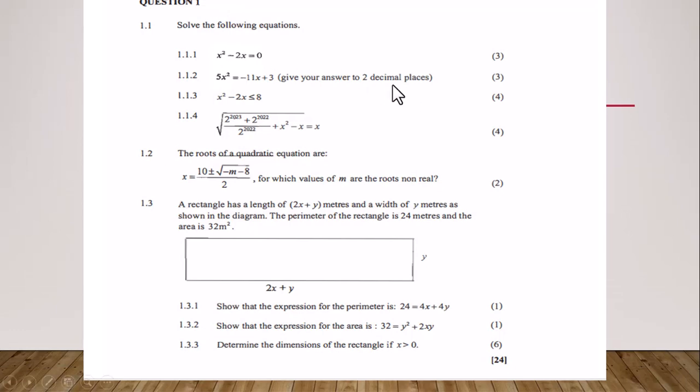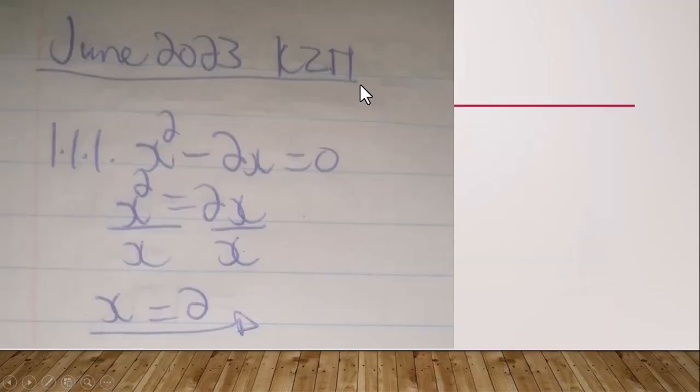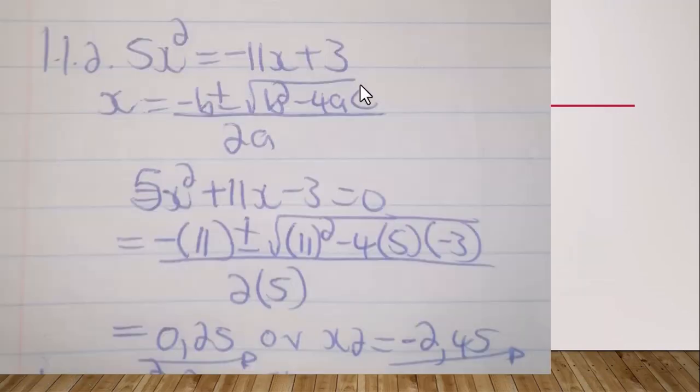So immediately when I see this, I know that I just have to use the quadratic formula. And the first thing, you introduce the formula: x equals minus b plus or minus the square root of b squared minus 4ac, divided by 2a.